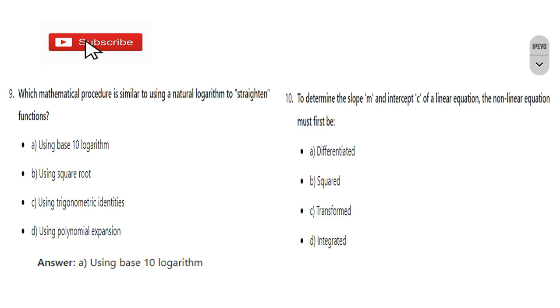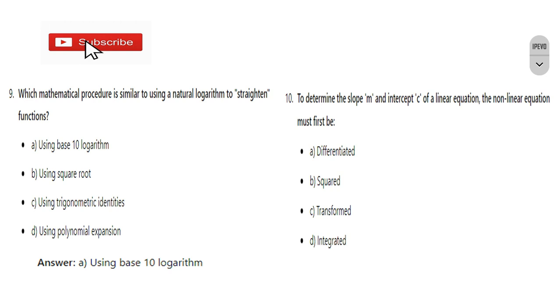Question 10. To determine the slope and intercept of a linear function, the nonlinear equation must first be A. differentiated, B. squared, C. transformed, D. integrated.